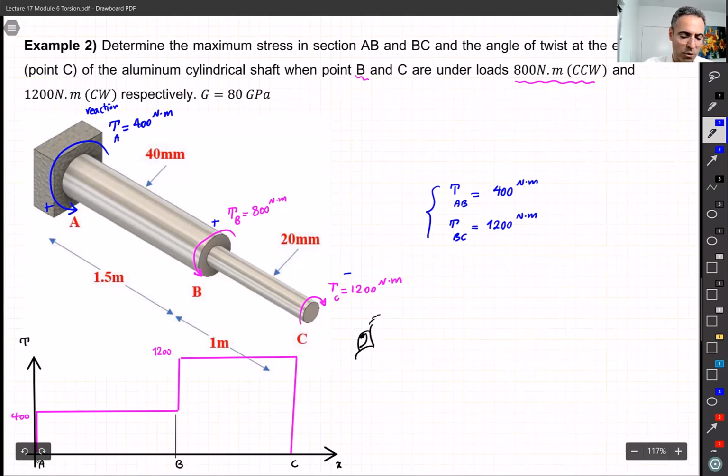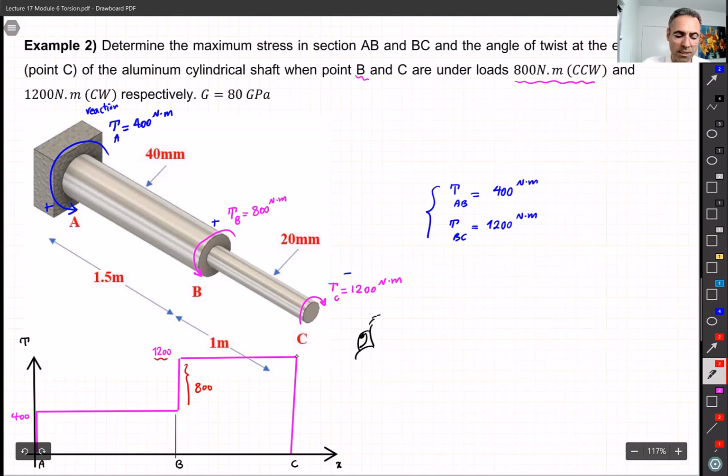And at any point, you just follow this rule: you have plus 400, a jump of 400, then nothing going on, a constant line. And then here you have a jump of 800, right? Like this jump is 800. So it gets you to 1,200, then nothing going on.